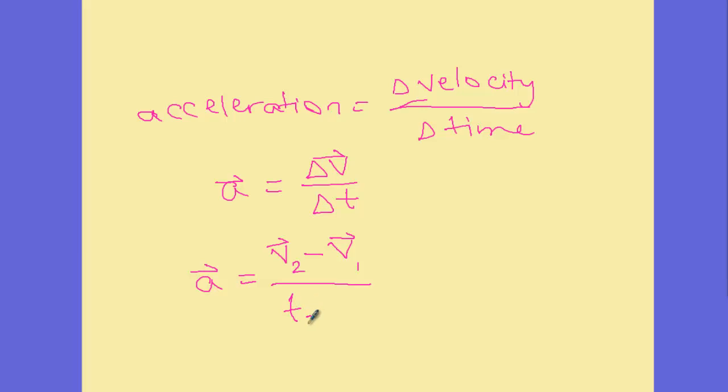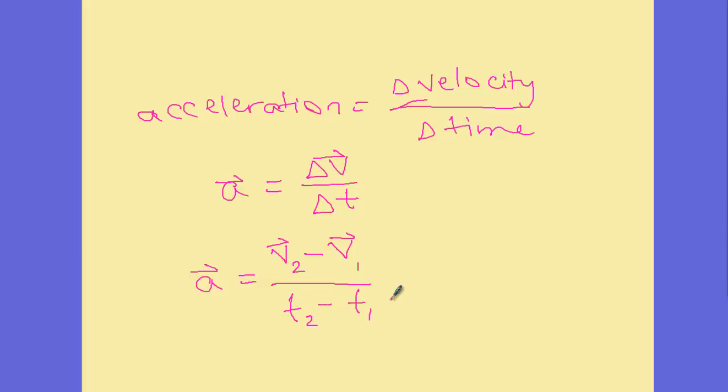And again, we can write this with a little a with a vector symbol, a v with a vector symbol, and t for time. And again, we can take this a step further and write our change in velocity as a second velocity point minus a first velocity point over that second time minus the first time.